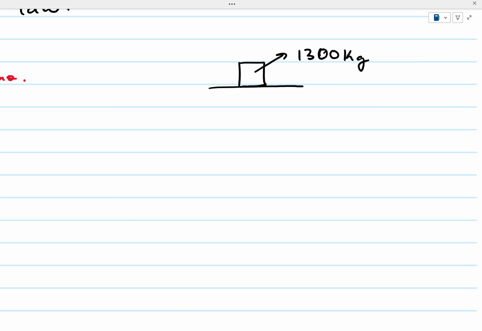Let's say an object is on a raft. The object and the raft really would be 1,300 kilograms. That is the mass of the box or the object and the raft that it's on.